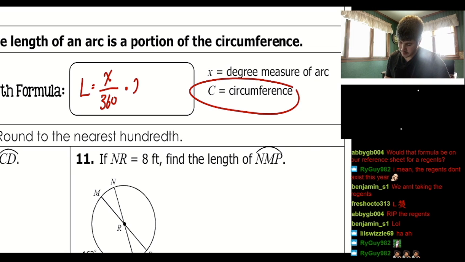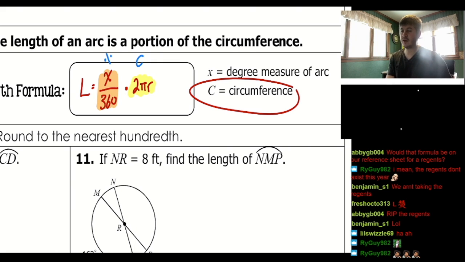I like using 2 pi r, but it really doesn't matter. If you know the circumference, this is just C. And this part is just a percent. So it's literally percent times circumference.